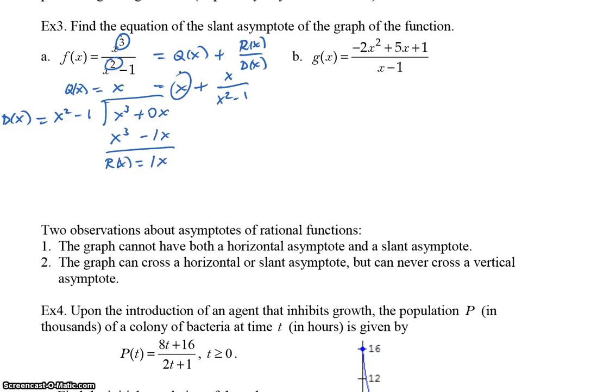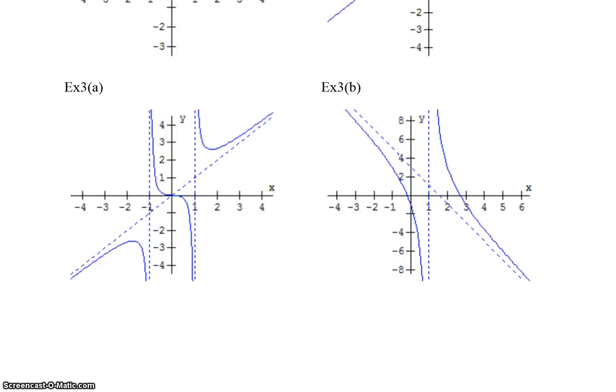So the equation of the slant asymptote would be y equals the quotient, which is x. Y equals x. So that's just a straight line passing through the origin. And that is going to be the slant asymptote of the graph. On your graph sheet, the graph of the function in example 3a is shown right here.